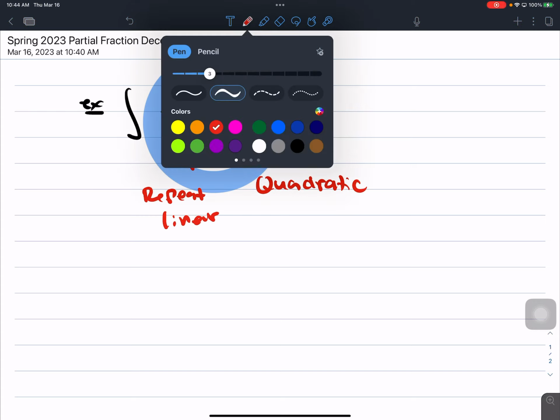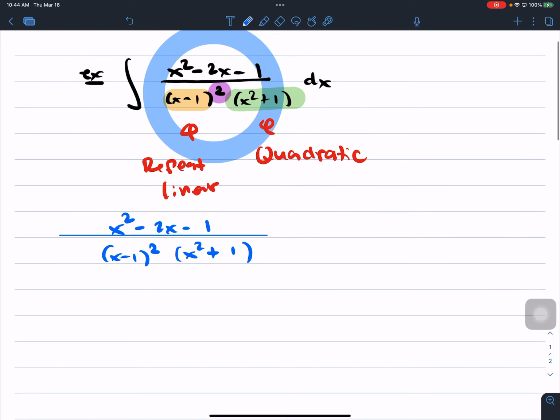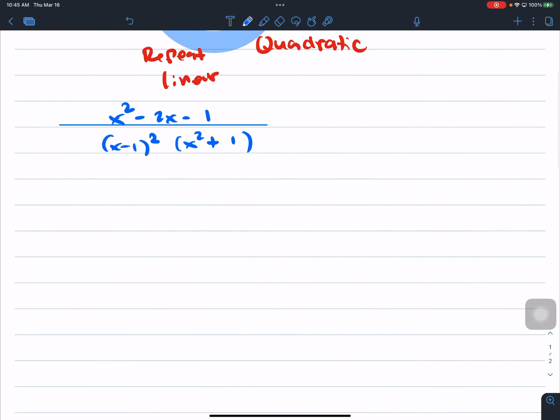So, we have x squared minus 2x minus 1 over (x minus 1) squared times (x squared plus 1). So you have to deal with the repeat linear.